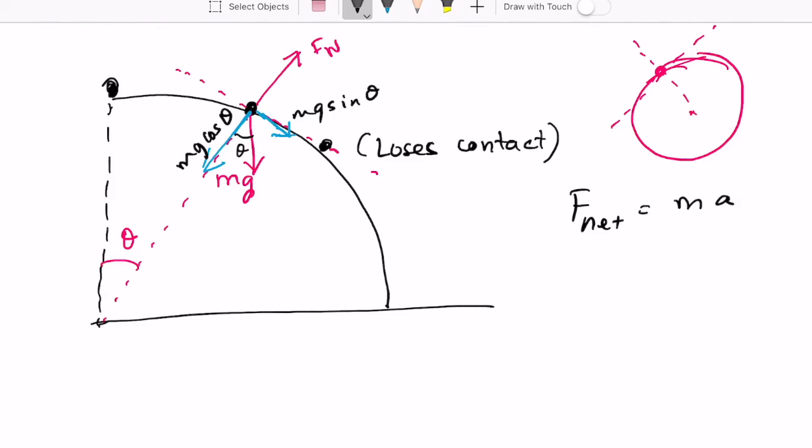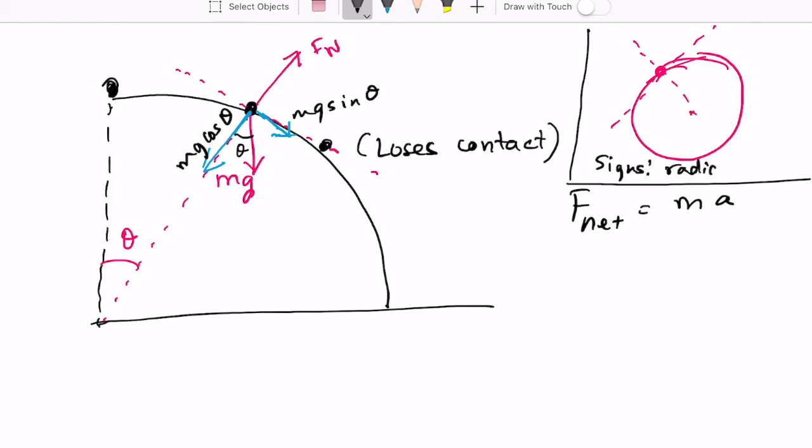Now, in order to calculate F net, we need a sign convention. We need to decide which direction is positive and which direction is negative in the radial direction. There's a very good sign convention that you can use here, which is that radially inwards is positive. So that's a great sign convention that goes with our choice of axis here.